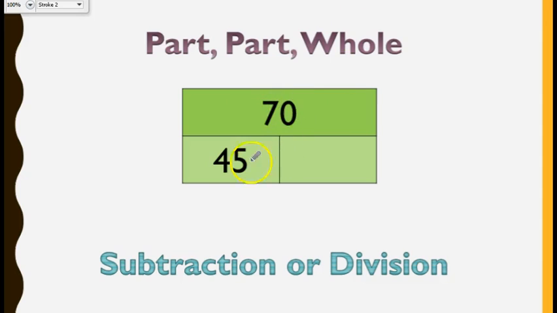So we know the whole, but only one of the parts, so we know we're going to be subtracting or dividing. So let's look at that story. What are we doing? Are we spreading this around? Are we dividing these things up? Are we splitting things into equal groups? No, we're just trying to figure out how much gas was left over to get to that second store. So that's subtraction, right?